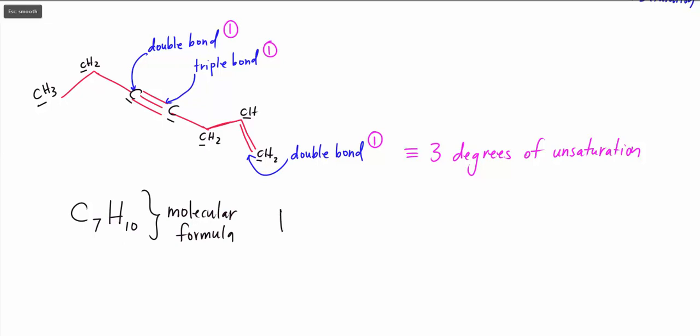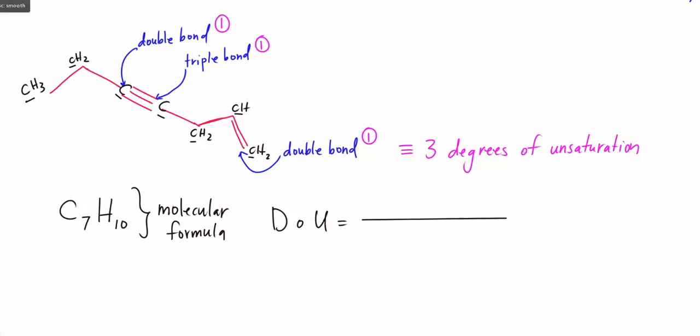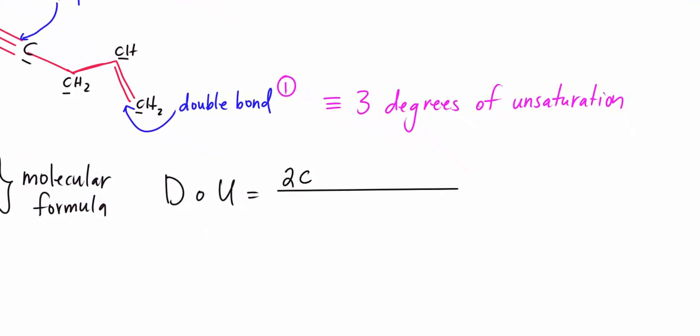And we can apply the degree of unsaturation formula. It's going to be simple here because we only have carbon and hydrogen. So 2 times the number of carbons plus 2 plus the number of nitrogens minus the number of hydrogens minus the number of halogens. And that's all going to be divided by 2.